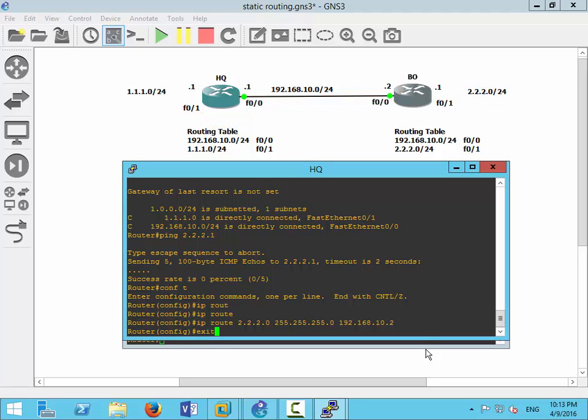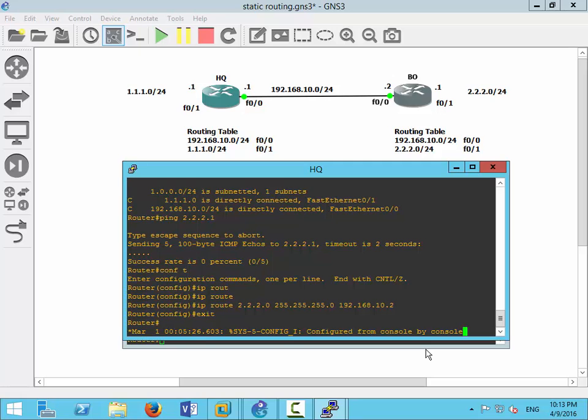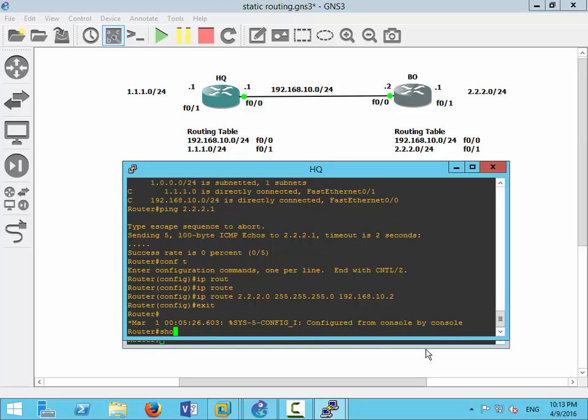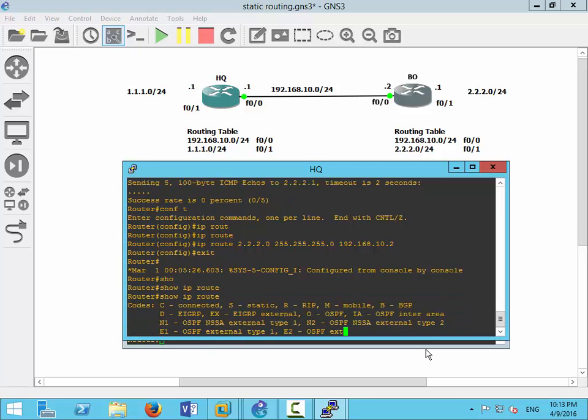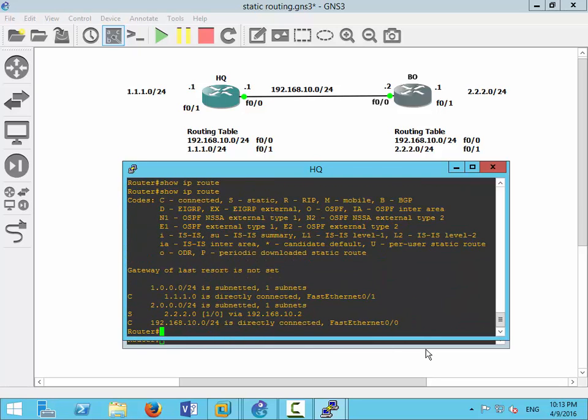Let's take another look at the routing table to see if anything has changed. As you see, now we can see an entry for network 2.2.2.0/24 in our routing table.